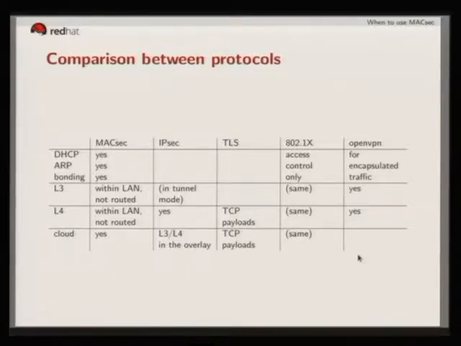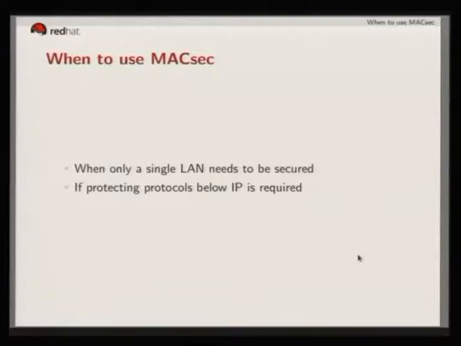Naturally, if you want to let your encrypted traffic go outside of your LAN, you need to use something else than MACsec, because MACsec is never going to leave your LAN, or not until you encapsulate it over something else. So if protecting protocols below IP is required, then you probably want MACsec.